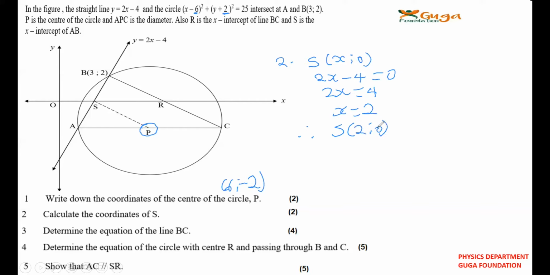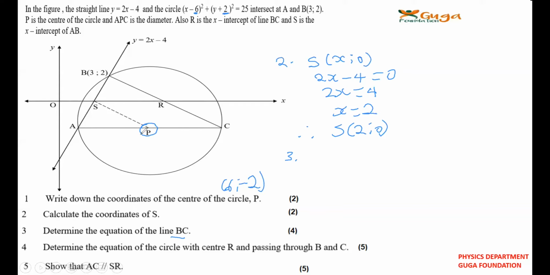Now determine the equation of the line BC. So where is BC? Number 3, this is the equation we want. Here at BC, you have a diameter on this side.